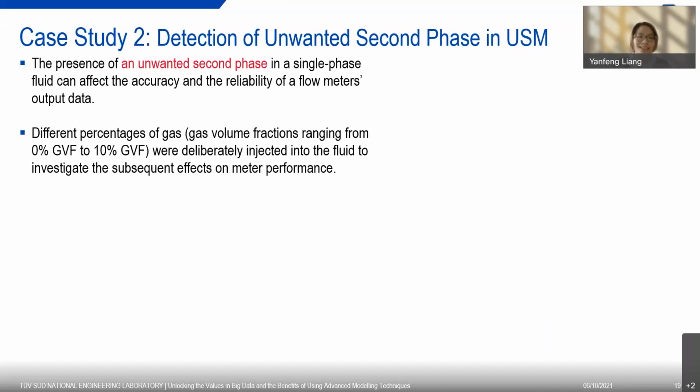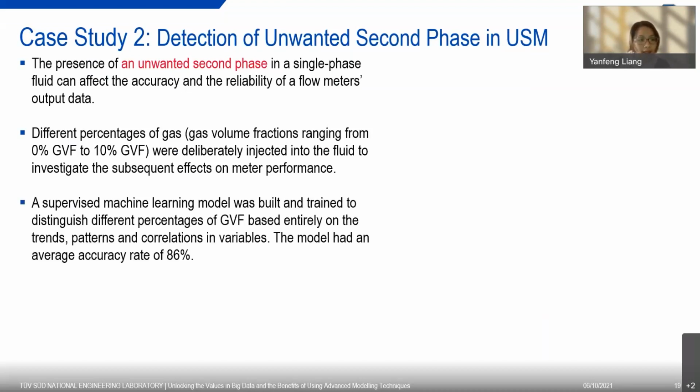We asked it to learn all the subtle trend differences and correlations that exist between all the variables. Once the model is tuned and built, again, we then tested it by feeding in a set of unseen data to see how well it will cope if we were to use this in practice. The supervised machine learning model was built and trained to distinguish different percentages of GVF based entirely on the trend pattern correlation variable, and this model had an average accuracy rate of 86%.